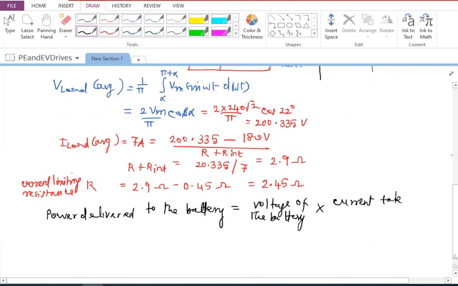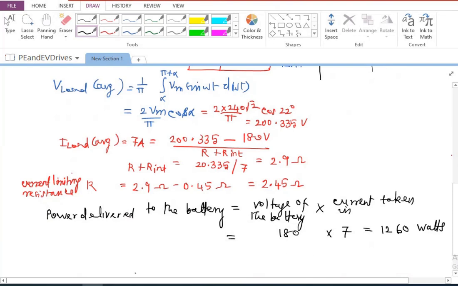Average current again. So average current taken in by the battery, we are limiting to 7 ampere. And voltage of the battery is 180. So 180 multiplied by 7. So that is 1260 watts. This is the power taken in by the battery, power delivered to the battery.